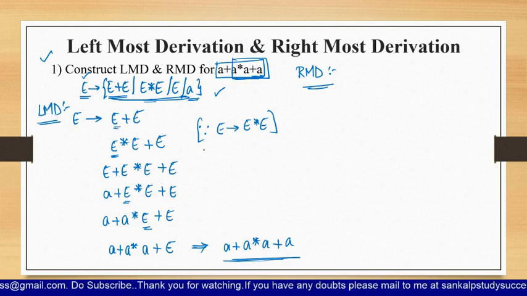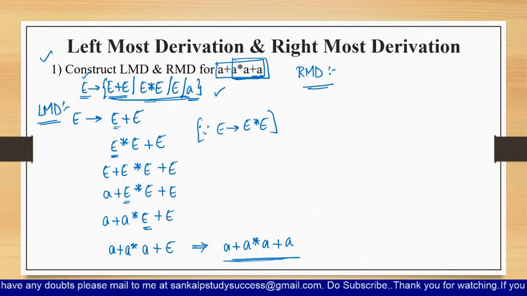So in the exam point of view, you are going to derive this, and also simultaneously write the production whichever you are using in the place of the leftmost non-terminal. Now in the same way, in the place of the rightmost non-terminal, whatever production you are substituting, you are going to write it beside there, so that we'll come to know that in this particular step you have substituted this particular production, correct?